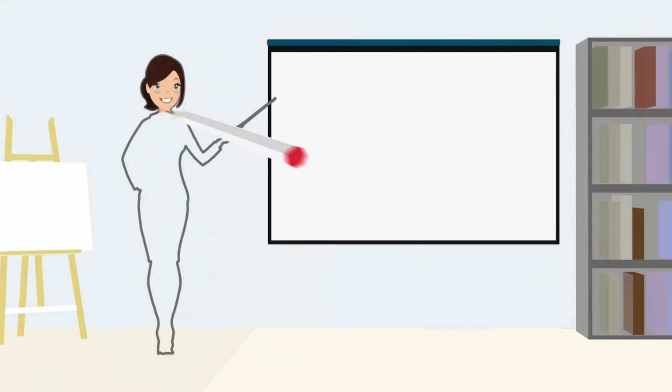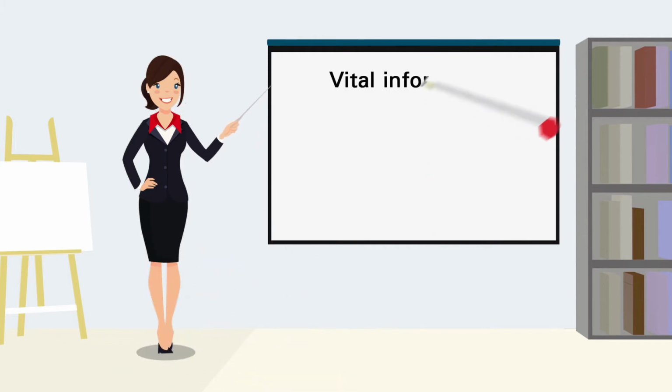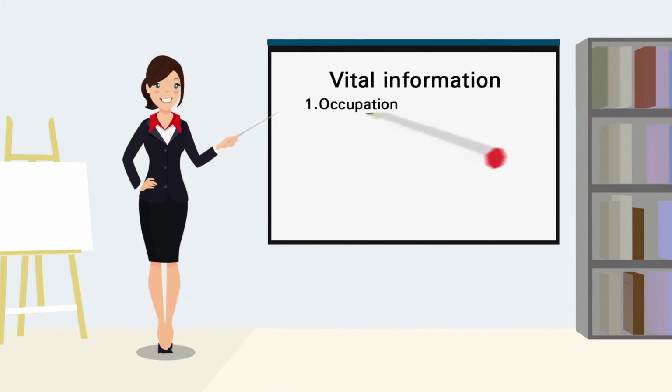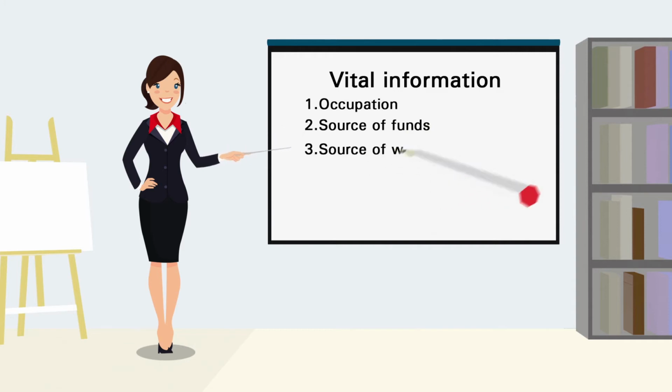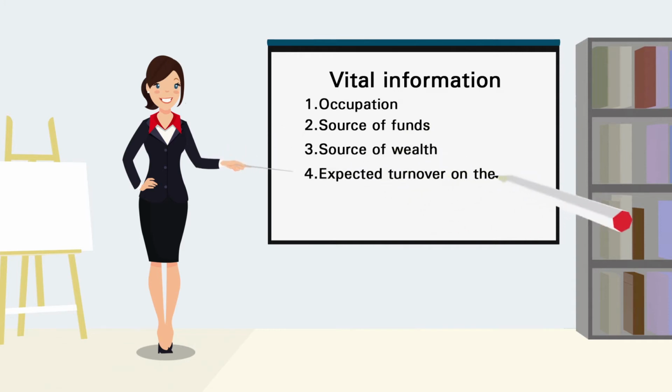In addition to this, there's also vital information to look out for, which helps form a more detailed customer profile. Do keep a check on vital information like occupation, source of funds, source of wealth, expected turnover on the account, and industry type.